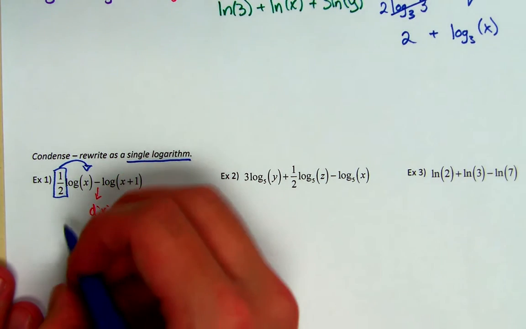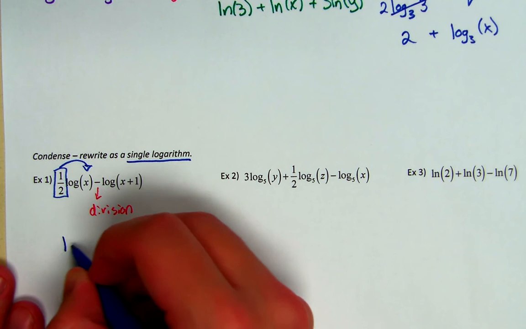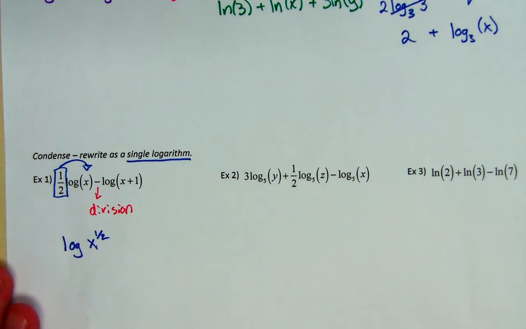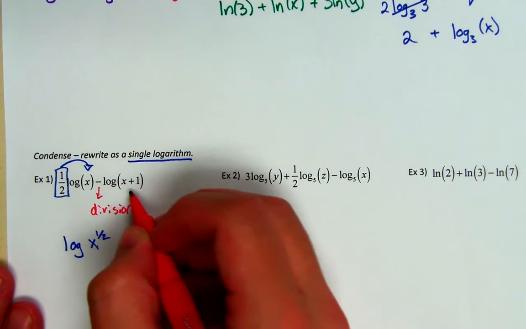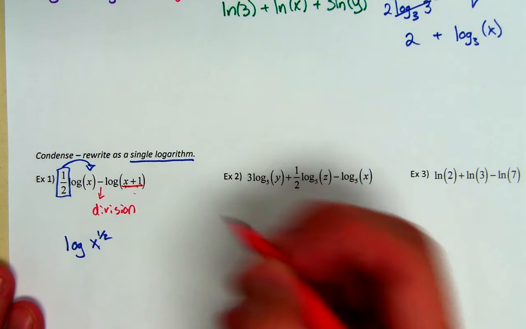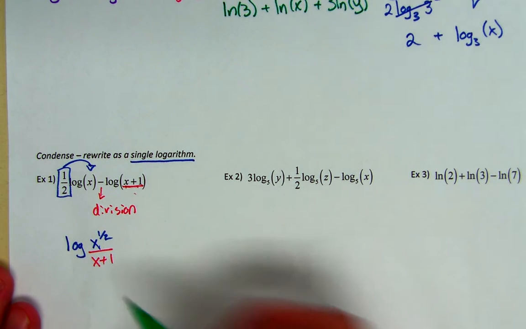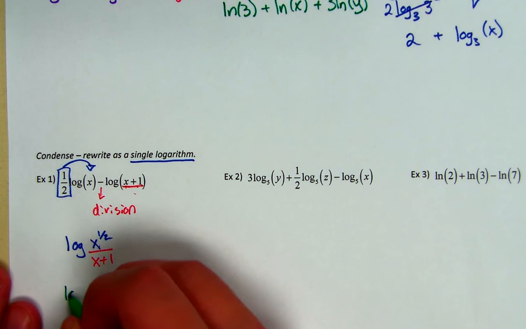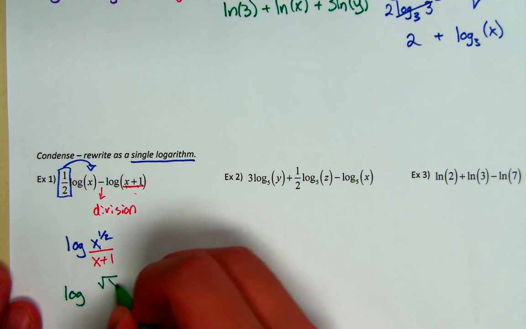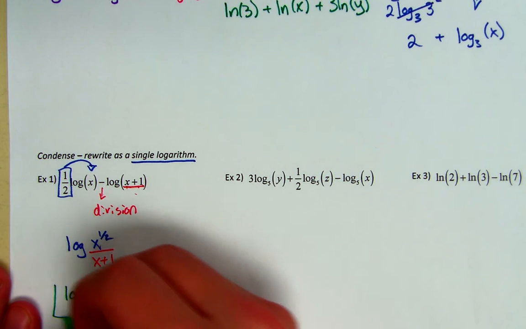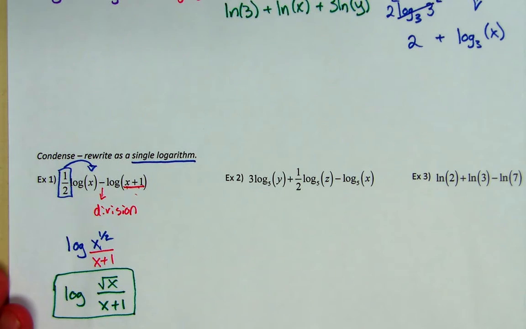So first, log x. Well, I know I need log of x to the 1/2. I'm dividing by what? x plus 1. So x plus 1. Finally, let's just rewrite it in a clean way. Log of x to the 1/2 is the same thing as the square root of x over x plus 1. And that's the much more clean way to write it.